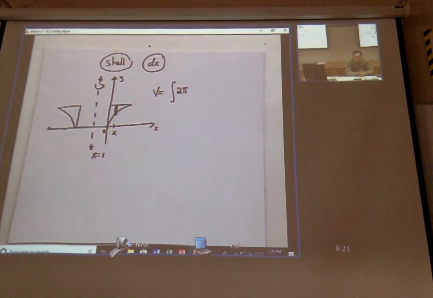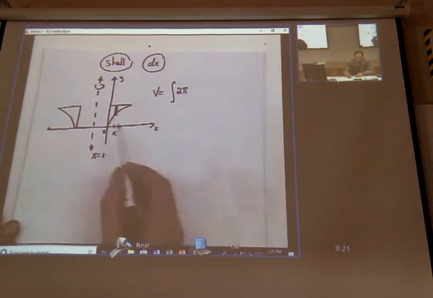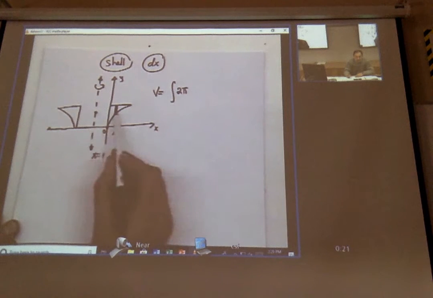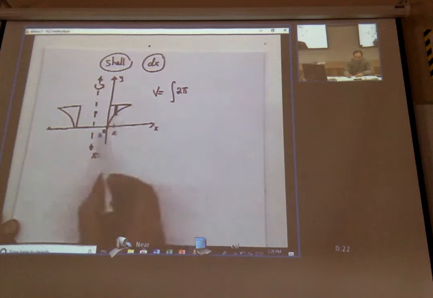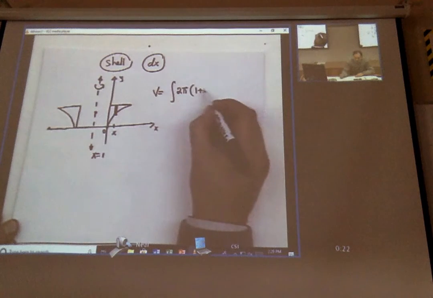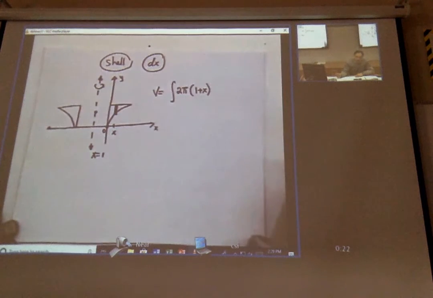So the question is, what is the radius for this shell? 1 plus x. 1 plus x? So again, how do we determine the radius? From the axis of rotation to this rectangle. And this will be 1. Again, one more time, 1 plus x. So we have 1 plus x, good. So careful with this.